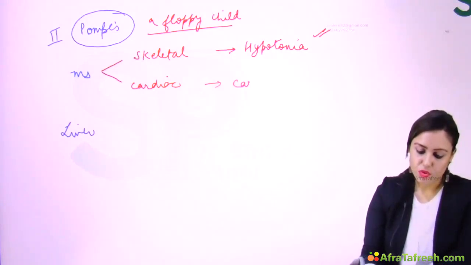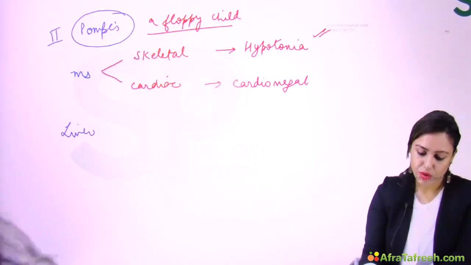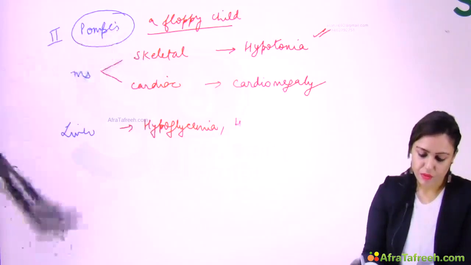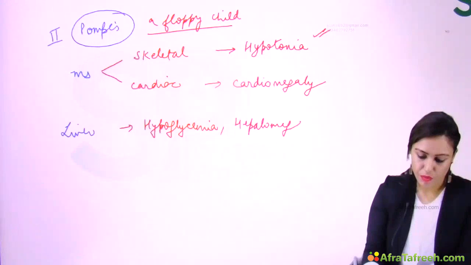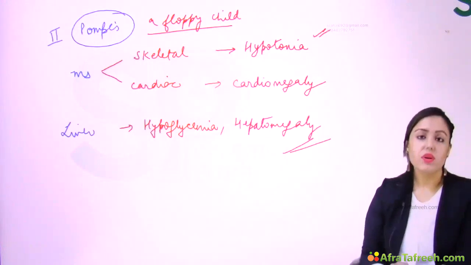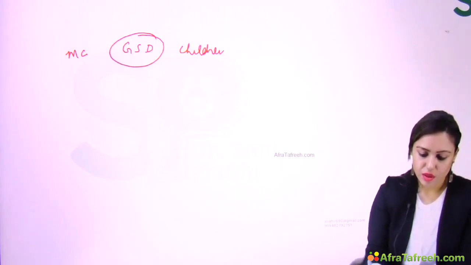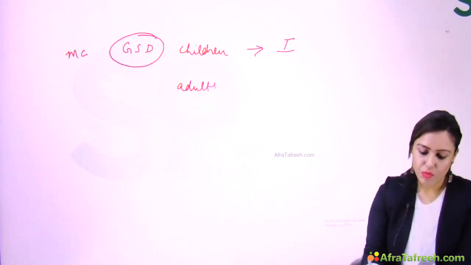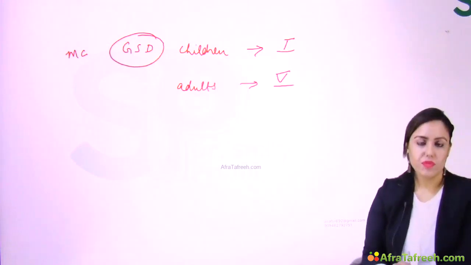Cardiac muscles also affected, leading to cardiomegaly, and these patients have hypoglycemia and hepatomegaly. So with this, you can diagnose these patients. Then note down that most common glycogen storage disease in children is type 1, but most common glycogen storage disease in adults is type 5, right?